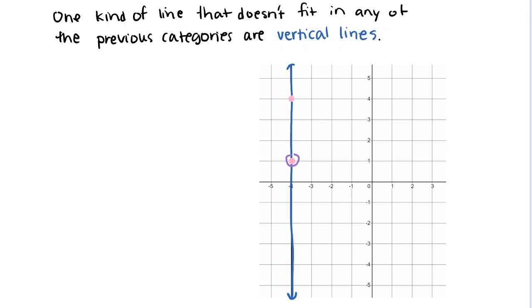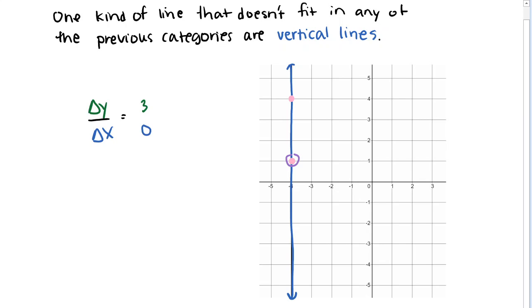I ask, okay, what's the slope? How do I compute the slope? It's the change in y. And in this case, that would be an increase of 3, right? So the change in y would be 3 divided by the change in x. This is going to give us a slope. Well, the change in x: the x value of the first point is -4. The x value of the second point is still -4.